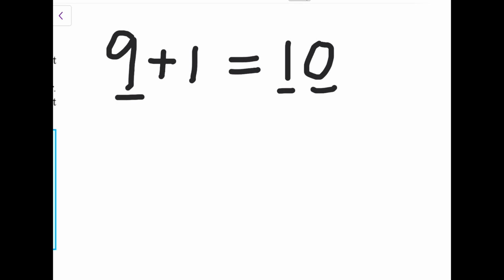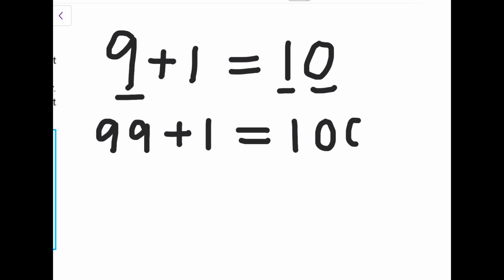Let's try with the next level. Which is the largest two-digit number? It is 99. Do the same operation with 99. We will get 100, which is the smallest three-digit number. See, this pattern works out on all the largest n-digit numbers.